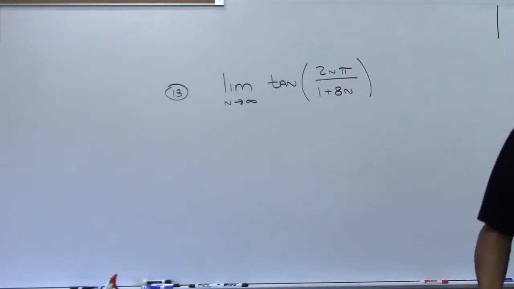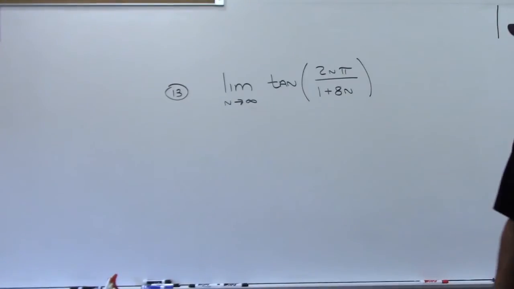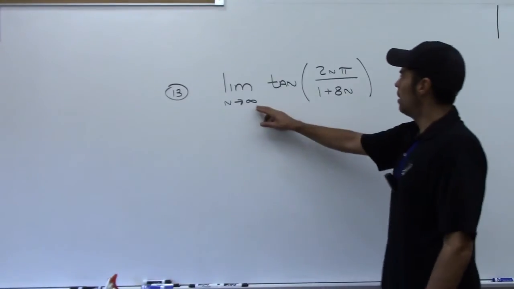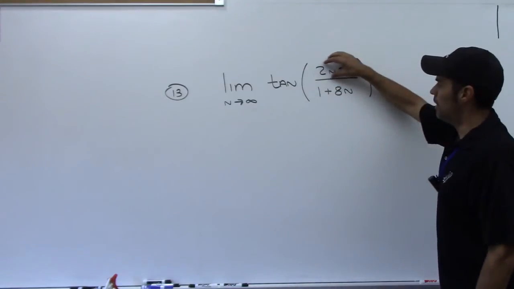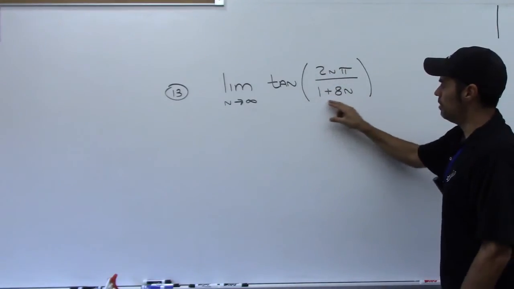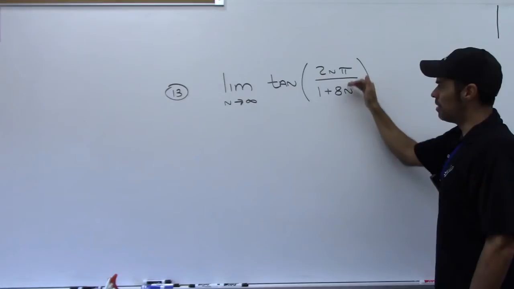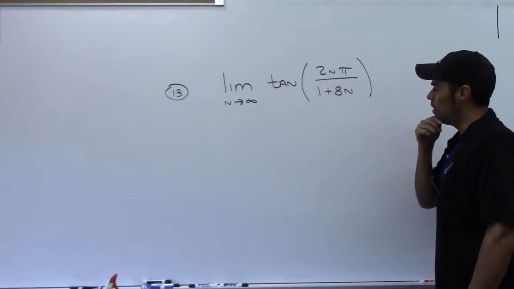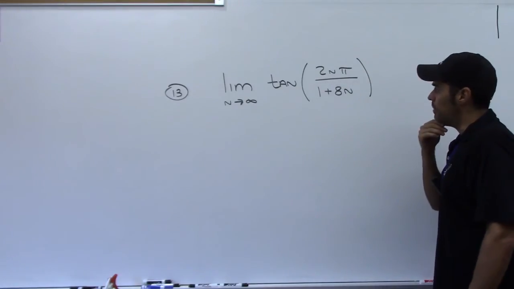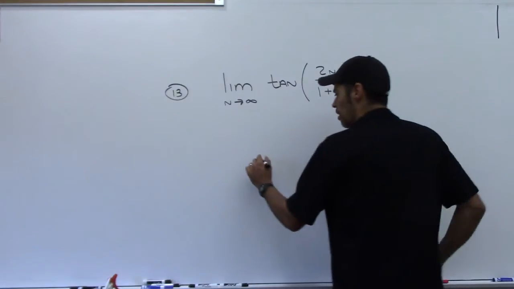Wow, okay, that looks different. So if n goes to infinity, the top here goes to infinity, and the bottom here goes to infinity. So inside here we're getting infinity over infinity. Well, we've done L'Hopital's rule in the past when we had that. So let me try this here.